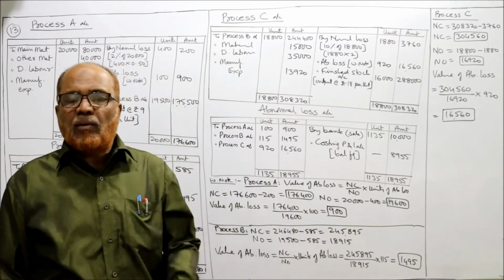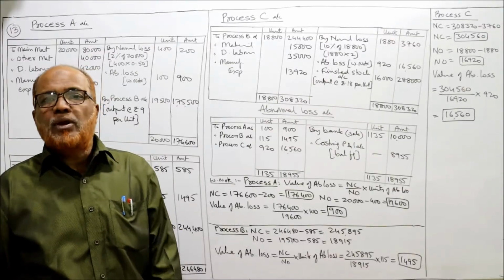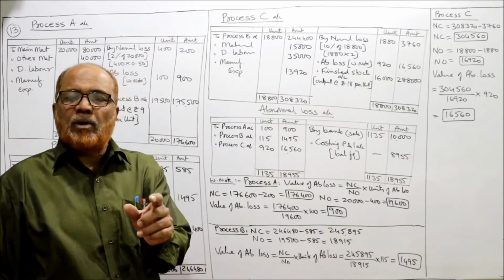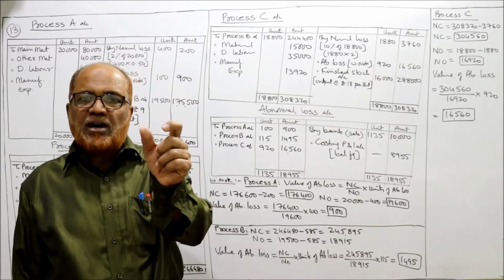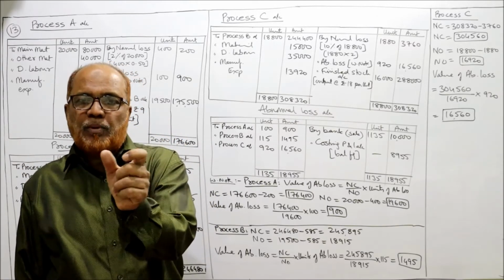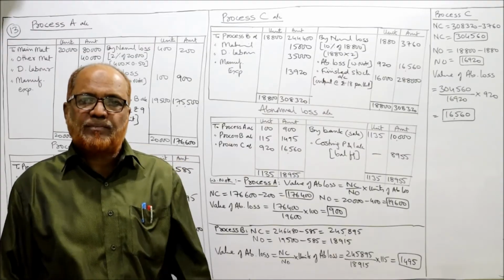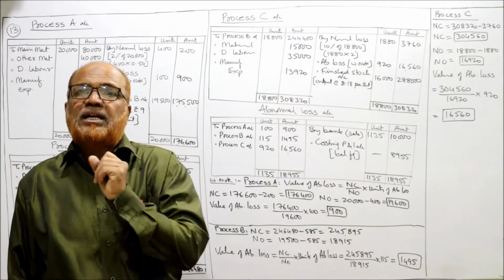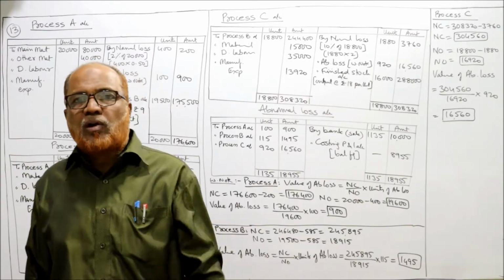That's all. Now it is asking you to make the abnormal wastage account or abnormal loss account. What is the entry for abnormal loss? Abnormal loss account debit to process A account, process B account, process C account. Abnormal loss has to be debited, process accounts have to be credited, and process accounts are already credited.